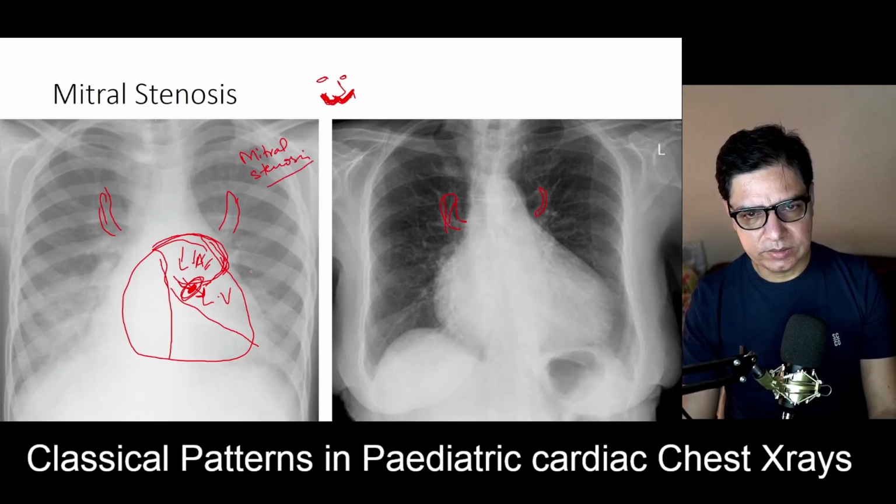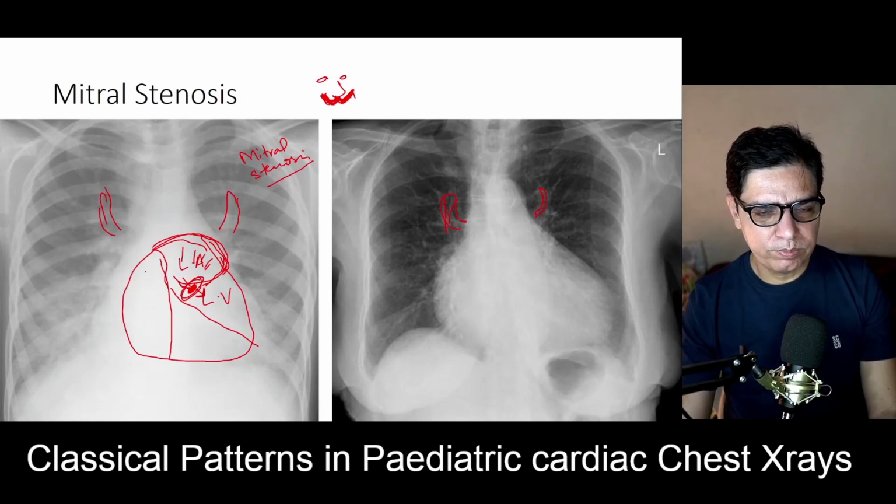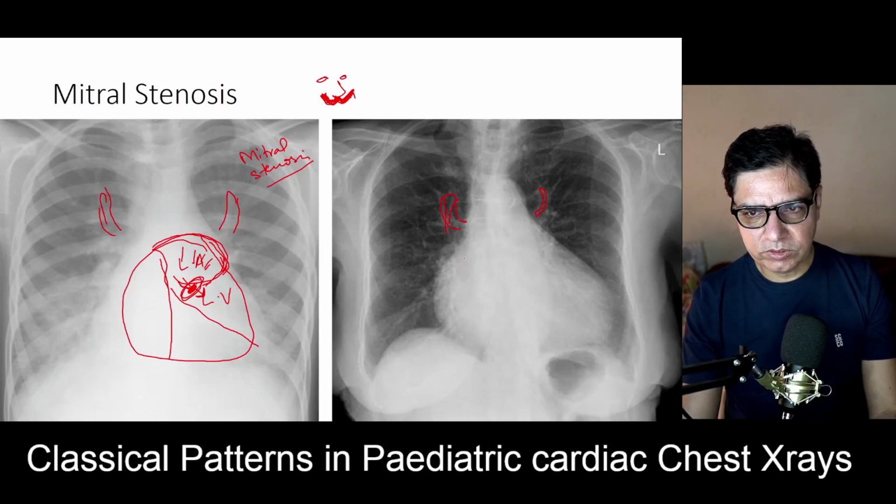As the left atrium gets enlarged, it would push the right atrium to the side. So eventually you will see this double right border of the heart. This is one border, and then you can see another double density. There are two. This is because the left atrium is so enlarged that it is pushing the right atrium towards one side.